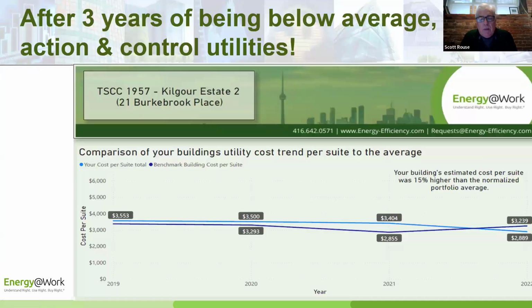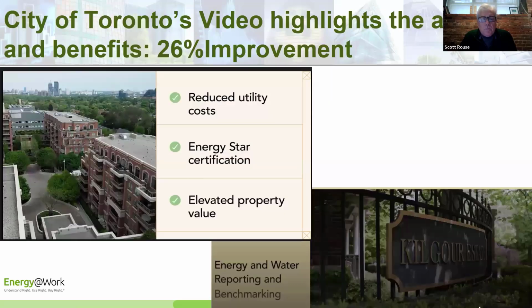Next slide. What I liked about using the EWRB process is that it's very visual when you actually start looking at the numbers. And in this case, the board paid attention and actually utilized EWRB to help improve their building. Next slide.